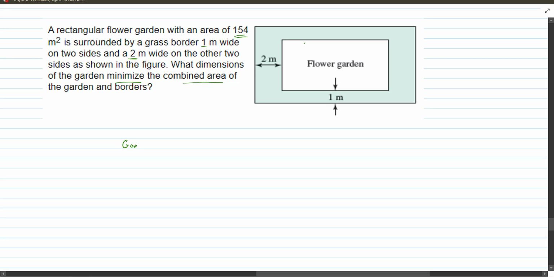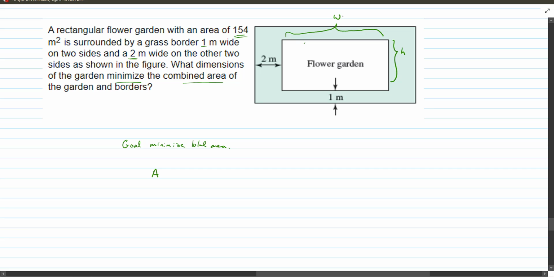Our goal is to minimize the total area. So the total area here would be what? Well, let's go ahead and apply some variables to this. I'm going to call this h, and we'll call this dimension here width, because we can adjust those.